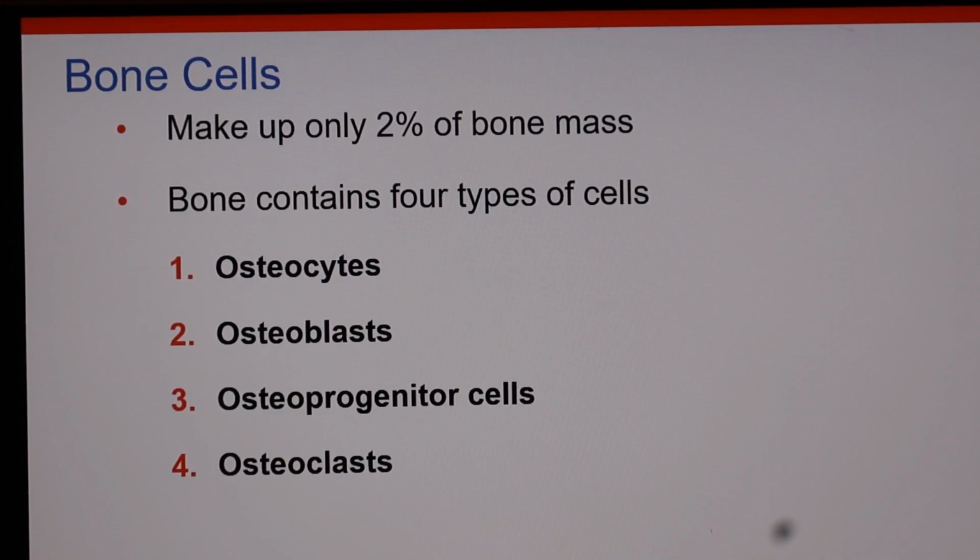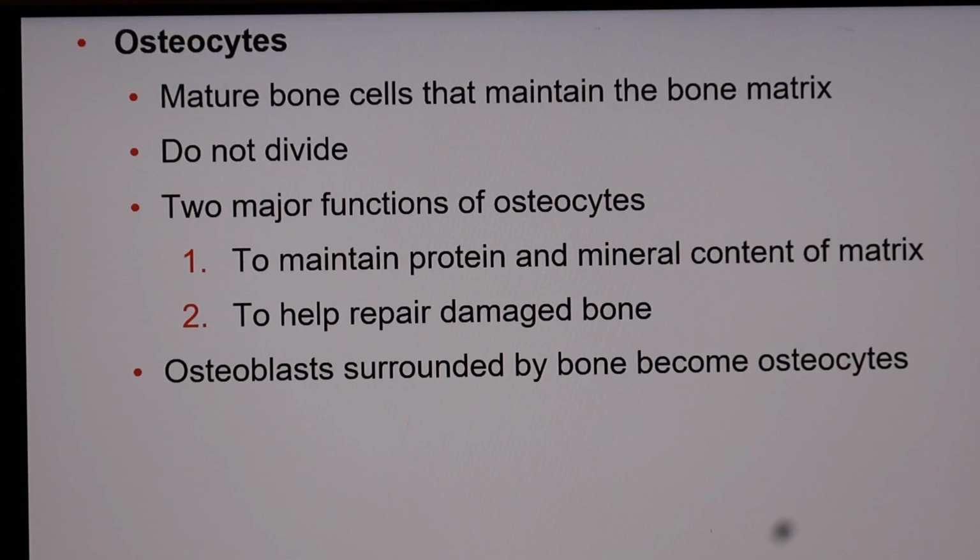Bone cells. There are four different types of bone cells: the osteocytes, osteoblasts, osteoprogenitor cells, and osteoclasts. So let's look at each and every cell in detail and see what the difference is. Osteocytes are mature bone cells that maintain the bone matrix.